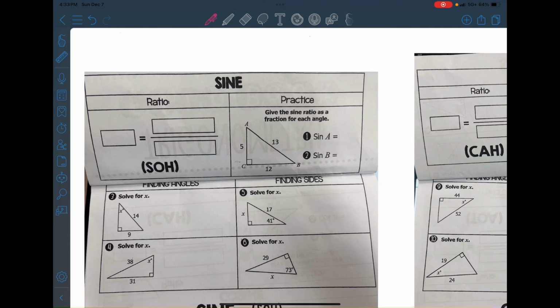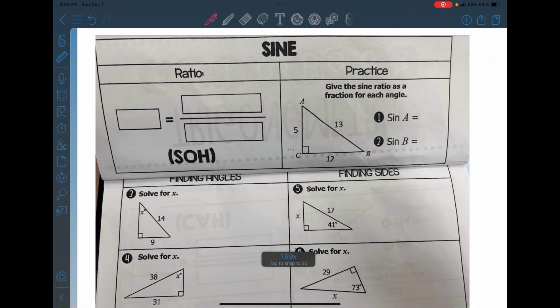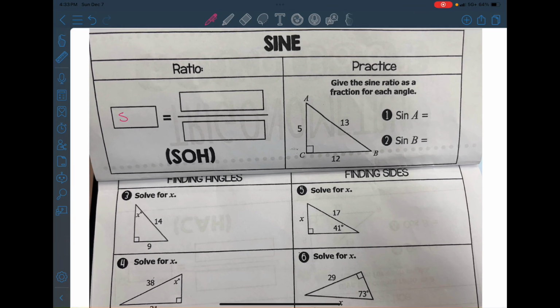So there's this word you can use to remember the ratios, and it is called SOHCAHTOA. We're going to look at the SOH part, which is for sine, and we abbreviate it like that. It is your opposite side over your hypotenuse.